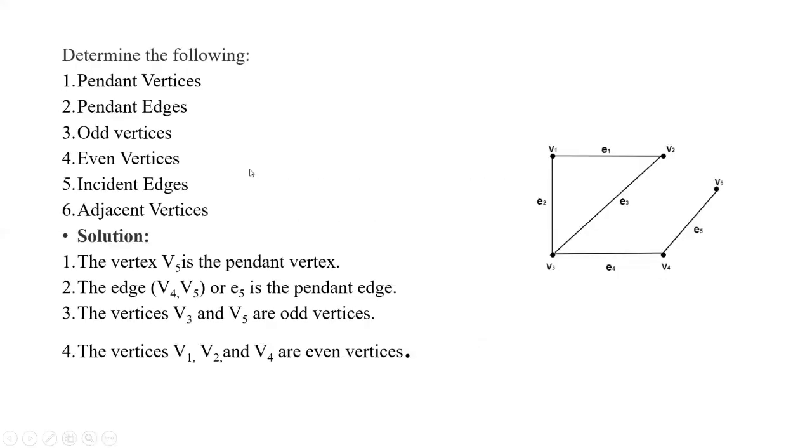We have already found the pendant vertex, that is V5, the pendant edge, that is E5, odd vertices V3 and V5, and even vertices V1, V2 and V4.